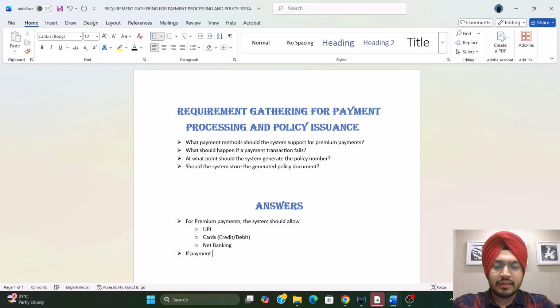If payment transaction fails, then the system should display payment error message to the customer. The system should allow customer to retry the payment.